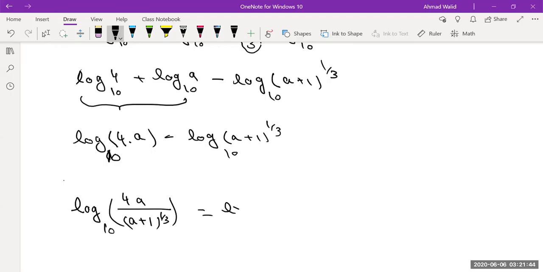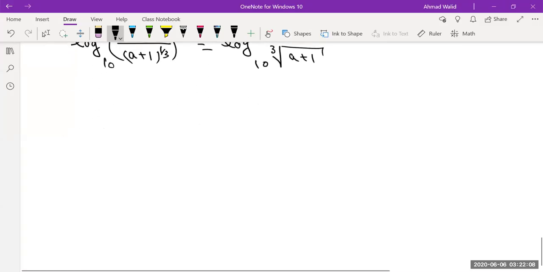You can write log of 4a over the cube root of a plus 1, base 10. You changed the expanded form into one single logarithm, correct?